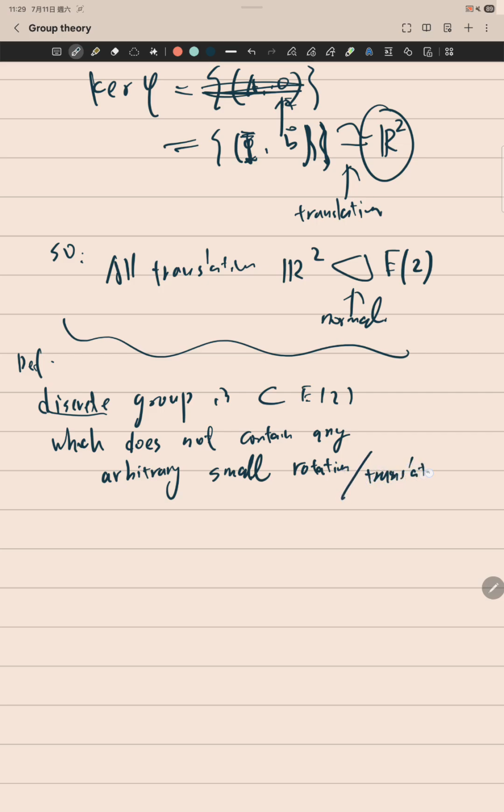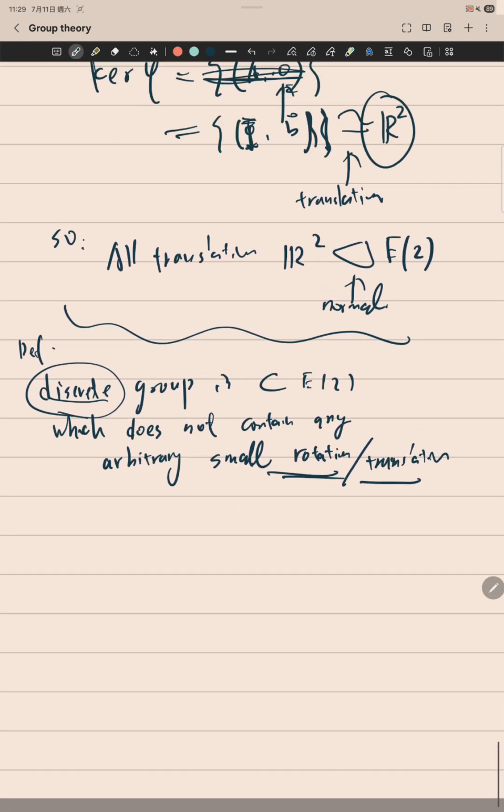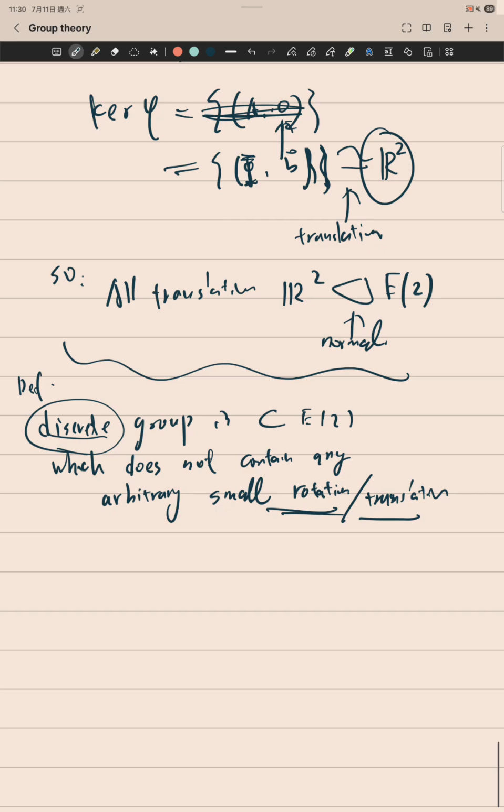So basically I don't allow arbitrarily small rotations and translations. The difficult part is that we want to study the discrete groups.